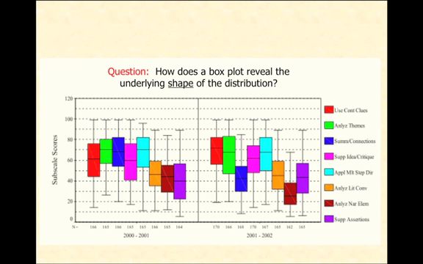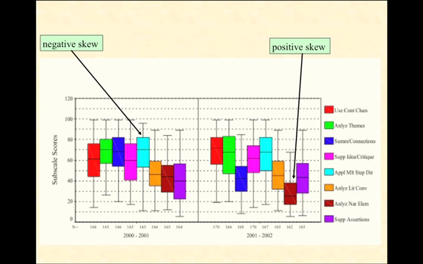So, again, the question is, how does the box plot reveal the underlying shape of the distribution? Well, here are a couple of other ideas for you. This box plot that we pointed out, applying multi-step directions, as you can see, is a negative skew. That is, most of the kids did pretty well. Most of the scores in this distribution are not in the middle of it, but rather towards the top end.